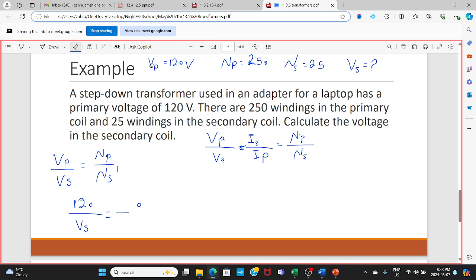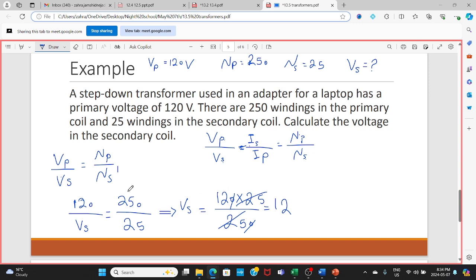Yeah, N of P, V of P. Okay, I was right. 250. And N of S is 25. Okay, so for V of S, cross that goes to the denominator, 250 goes down. And these two cross each other and go to the numerator. So it's 25, this is 10, the 0 here and 0 here go, and it's going to be 12.